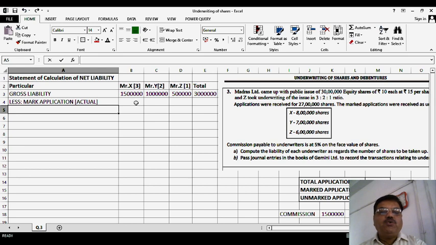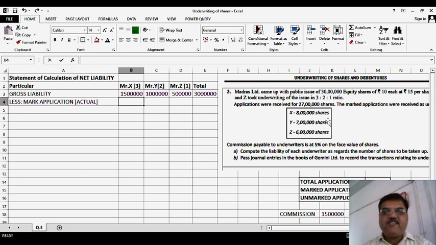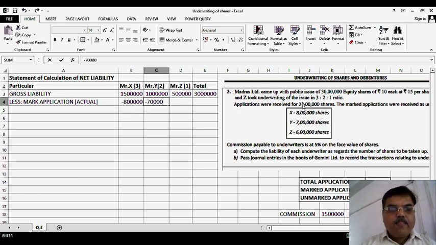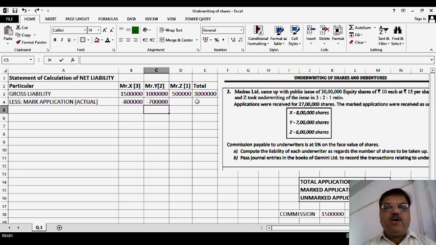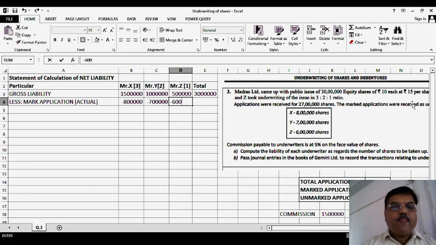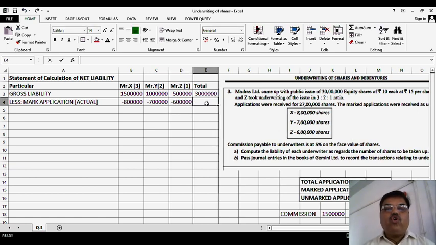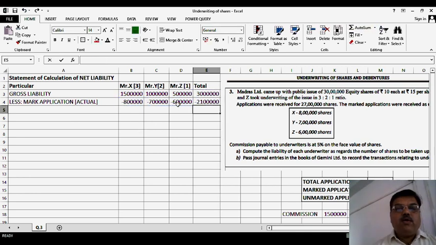So how much was taken by Mr. X? 8 lakh. So here minus 8 lakh. Then here minus 7 lakh. And here minus 6 lakh. So total, if I take that total, it comes to minus 21 lakh.